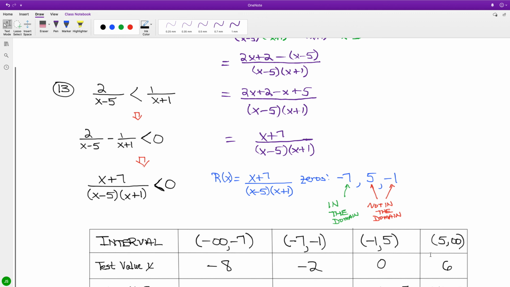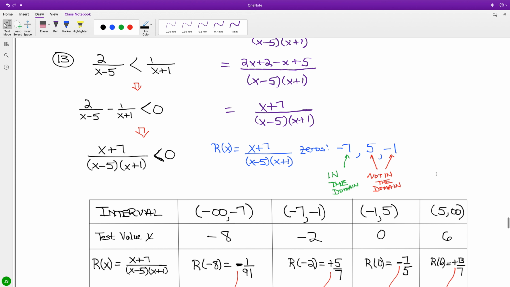If I take each of these values as x into our consolidated r of x, for negative 8 as the input, the resulting output will be negative 1 over 91. Testing negative 2 results in a positive 5/7. If I plug in 0, this comes out to a negative 7/5, and plugging in 6 for x comes out to a positive 13 over 7.